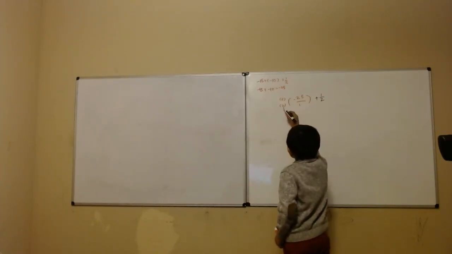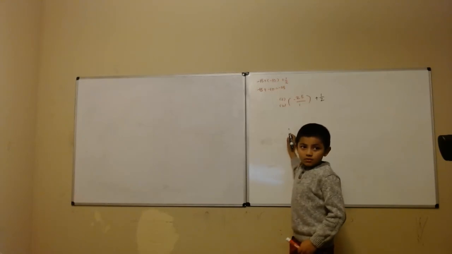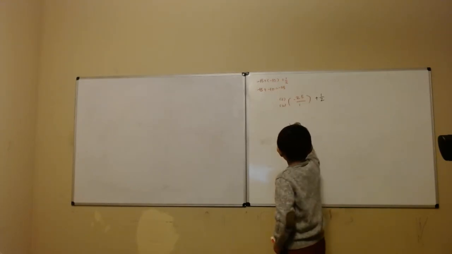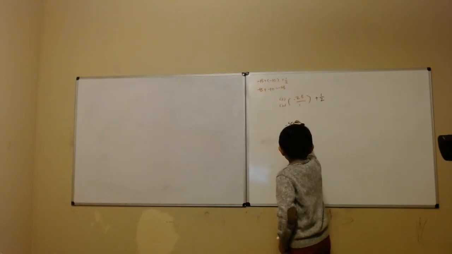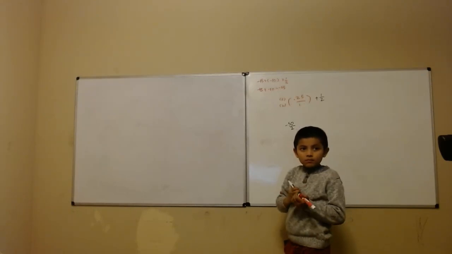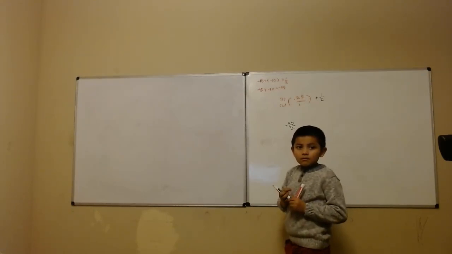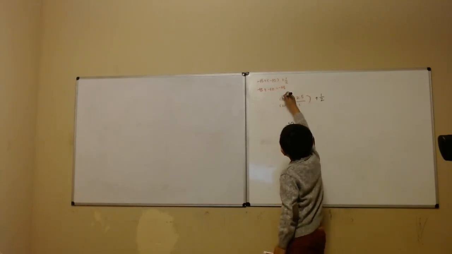And -50 over what? Over 2. Okay. And why do you get -50 when you multiply those?